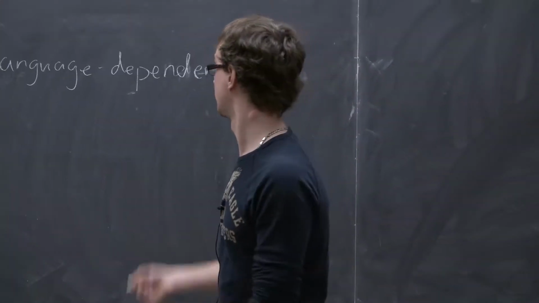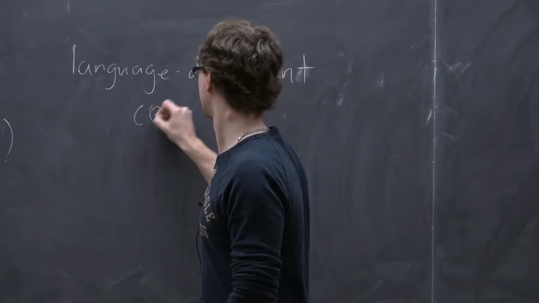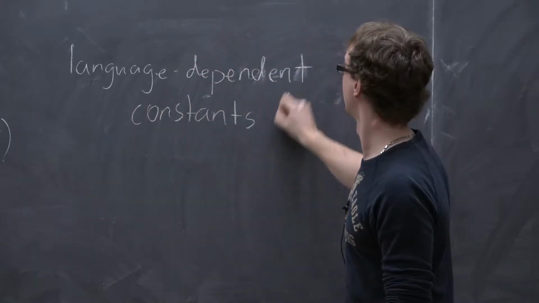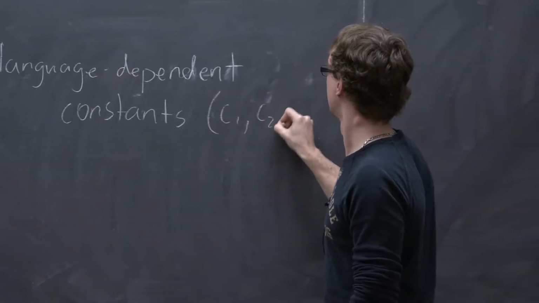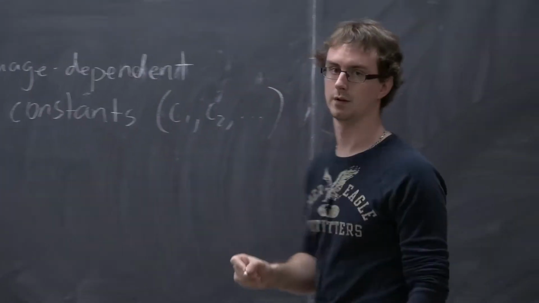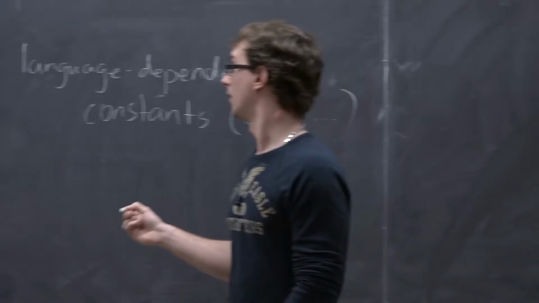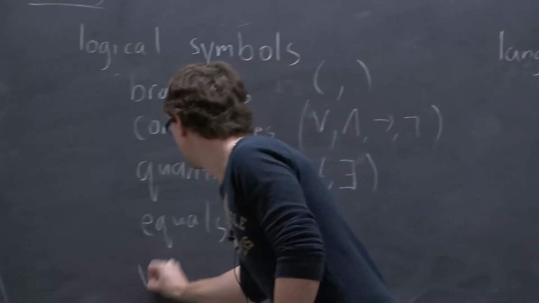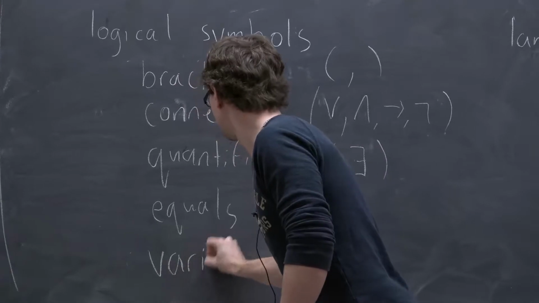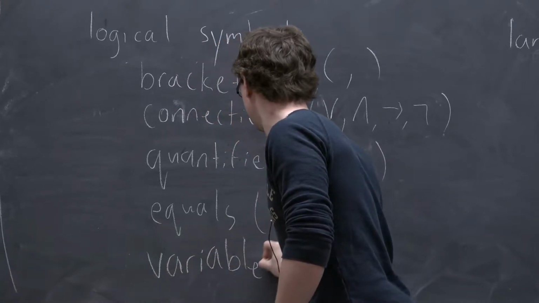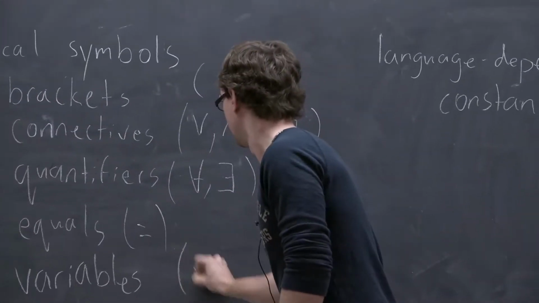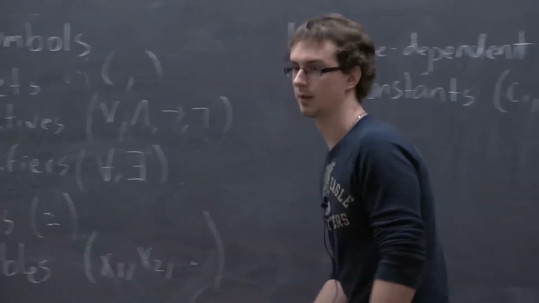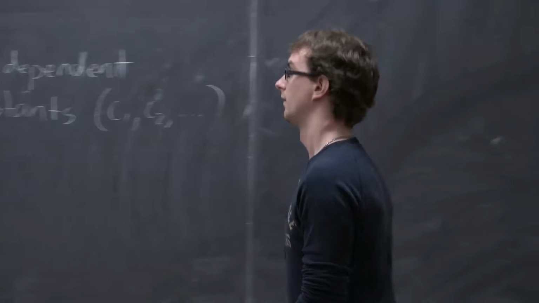So these are things like constants, which we'll typically list out as C1, C2, and there could be infinitely many. Oh, sorry, I also forgot one other thing here. We also have variables. And we list those as x1, x2, and you can have infinitely many variables.